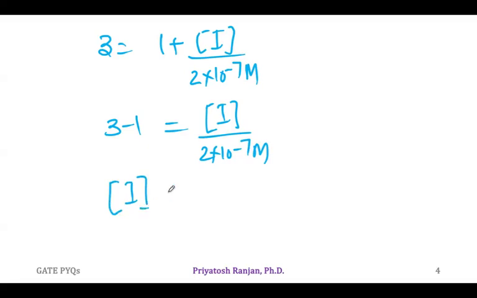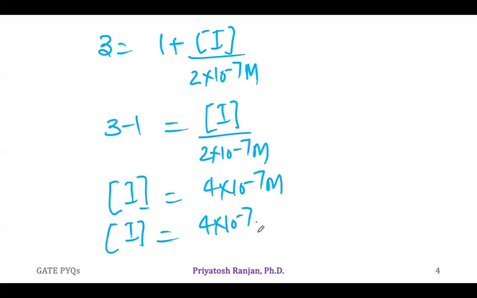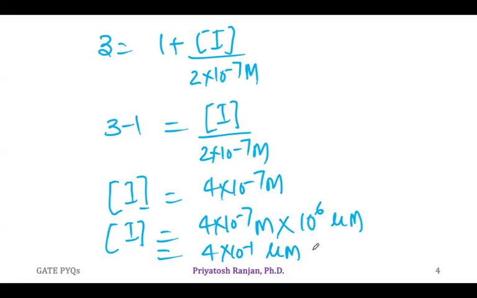Simple calculation, the concentration of I is going to be 3 minus 1, 2, into 2, 4 into 10 raised to the minus 7 molar, but we need to report it in micromolar, which is a simple conversion. 1 molar equals 10 raised to the 6 micromolar, and this value will become 4 into 10 raised to the minus 1 micromolar. Again, we need to be very careful because they have asked in a decimal. So this will get converted into 4 divided by 10, which is 0.4 micromolar, the final answer.